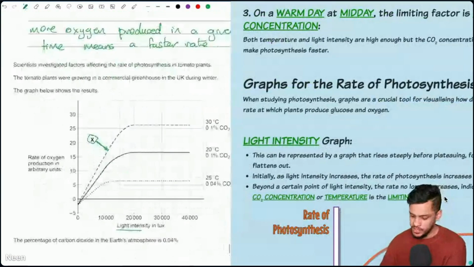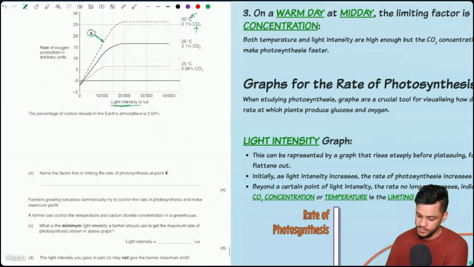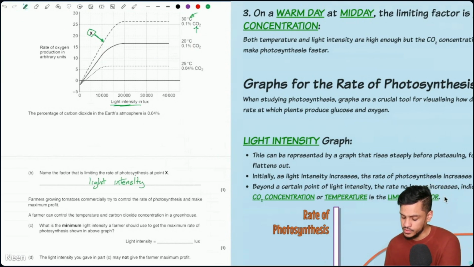What we're doing is we're increasing light intensity to make it go faster, isn't it? So in that experiment, we're keeping everything else constant. We're not changing these. So light intensity would be the factor that's limiting the rate of photosynthesis because it's not asking about the flat bit. If it was talking about the flat bit, then you can talk about the CO2 and temperature.